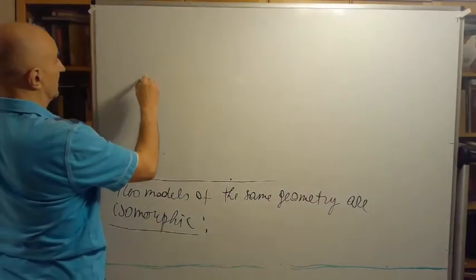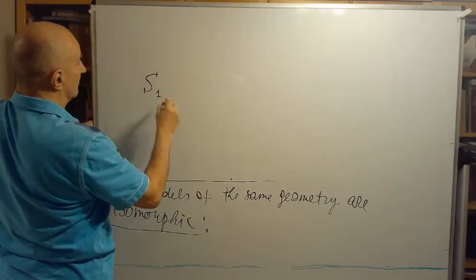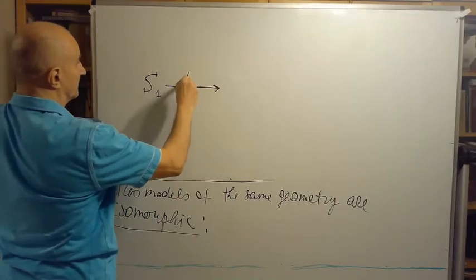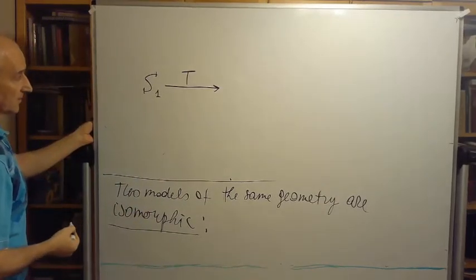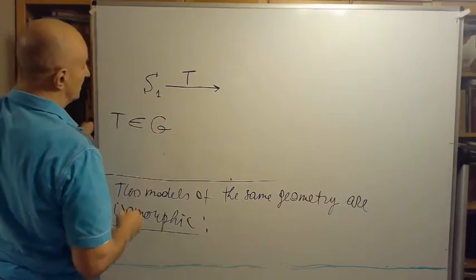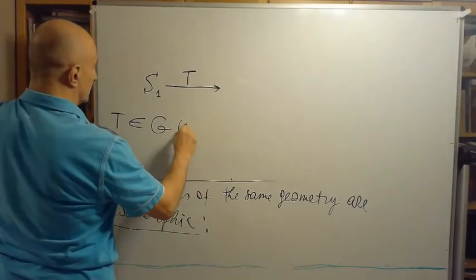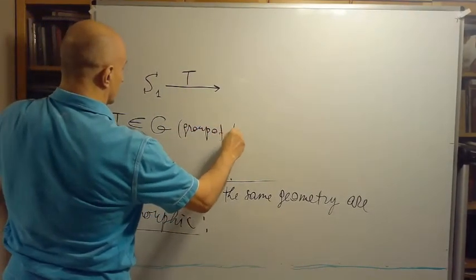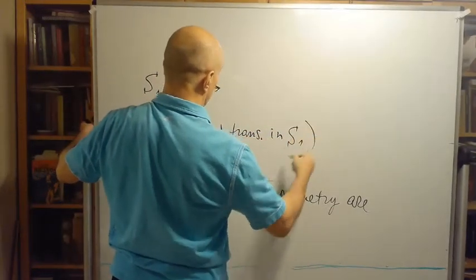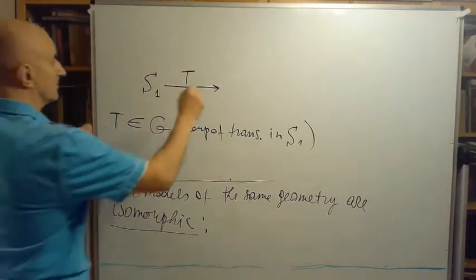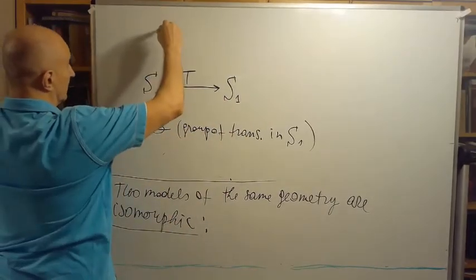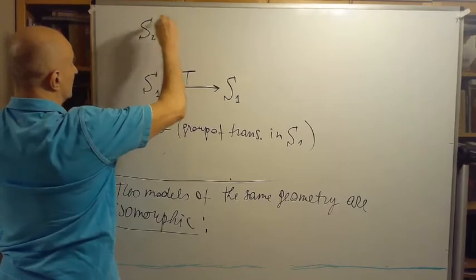So suppose we have some space S1, and in S1 we can take transformation T that belongs to group G. It's a group of transformations in S1, the underlying space, right? And we will get again space S1 transformed, right? But we can also have another model. We will have space S2.